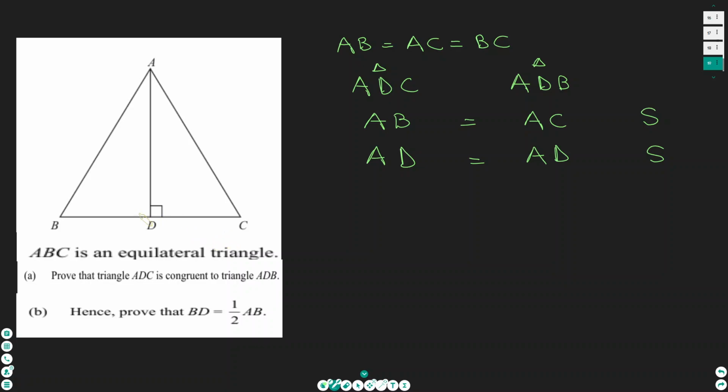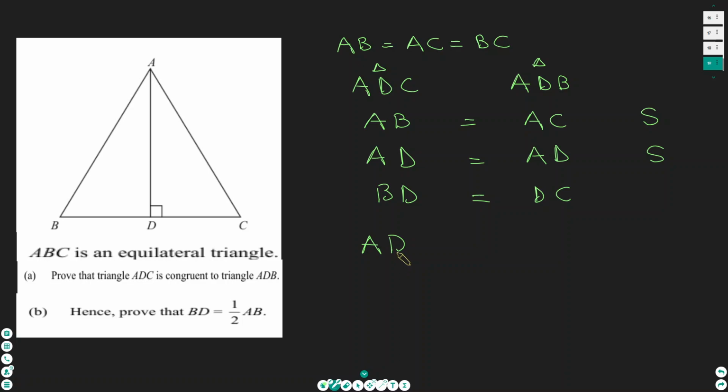We can see here that the BD is also equal to the DC because the height of the equilateral triangle is a bisector. It divides the BC into two halves. So then D is a midpoint. Therefore, the BD is also equal to the DC. The AD is a bisector, is a perpendicular bisector.